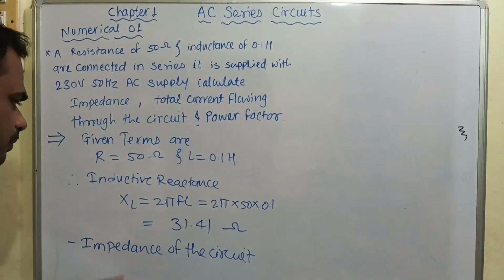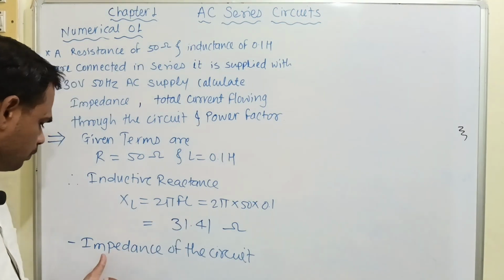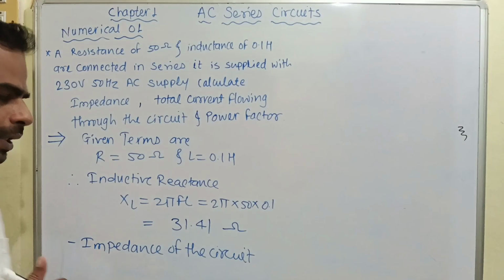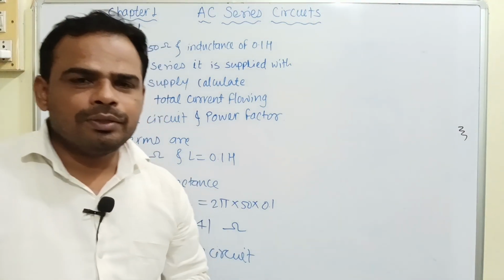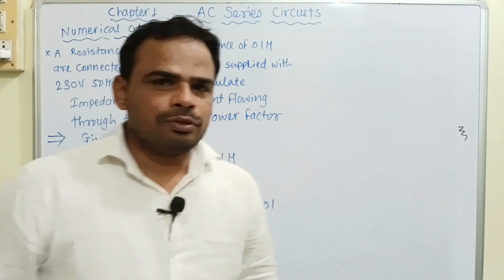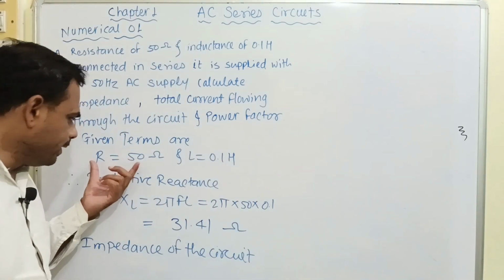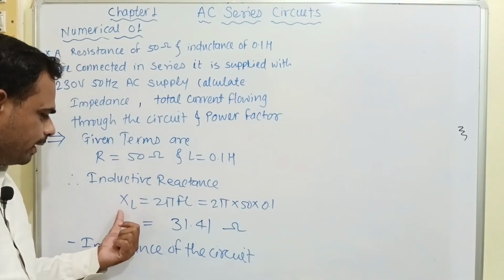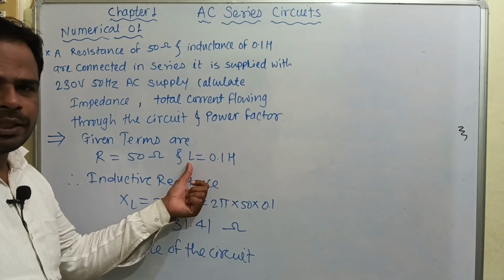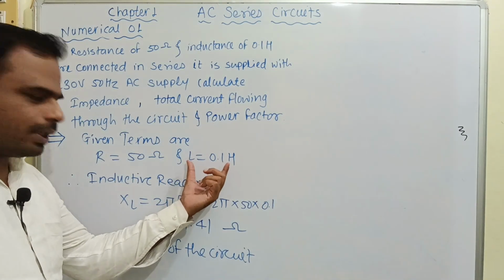ohm. After that, we calculate impedance of the circuit. Impedance is the combined opposition to the flow of electric current offered by resistance and reactance. So resistance is directly given, and we have calculated inductive reactance from the value of inductance.